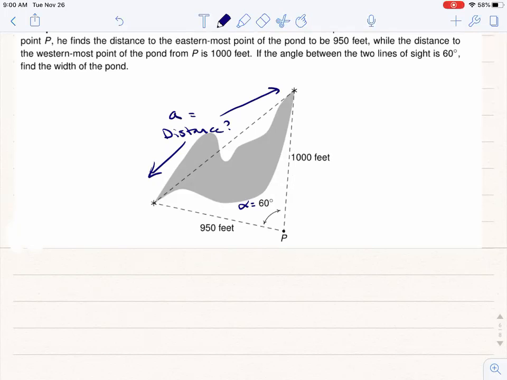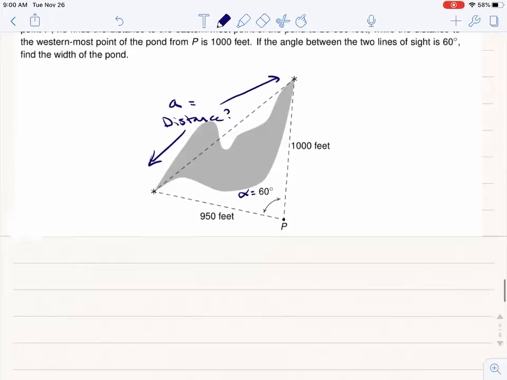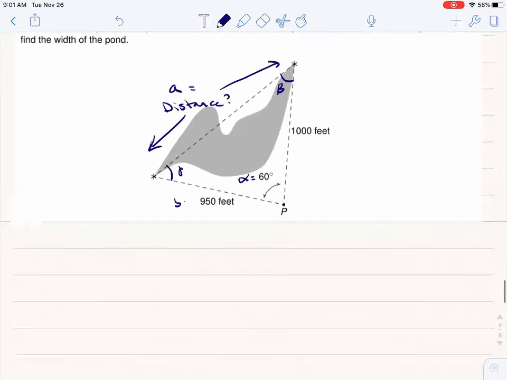You could have used beta or gamma, it doesn't matter. Then these two angles, just picking whatever works: let this be gamma and this be beta. Then we know that B is going to be 950 feet and C is going to be the 1,000 feet because it's opposite gamma.